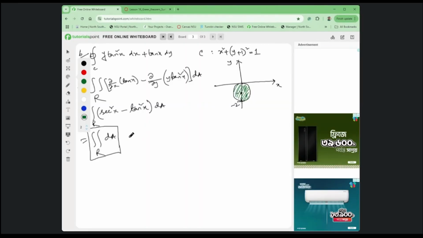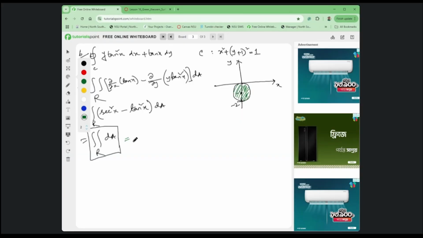So what do you expect the answer to be? No, you should have answered me by this time. The answer will be? Sir, pi. Right, pi into r square. The radius is 1, right? Pi into 1 square equals pi. That's your answer.